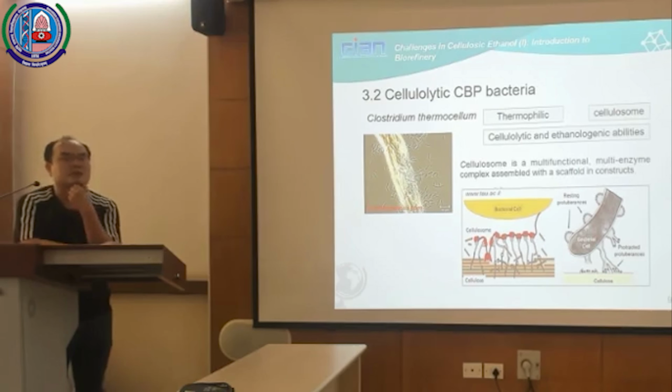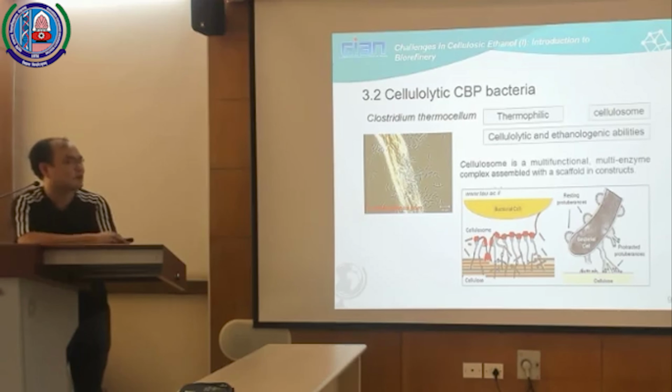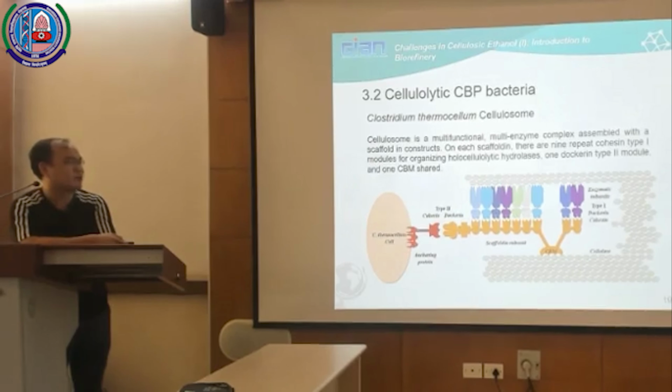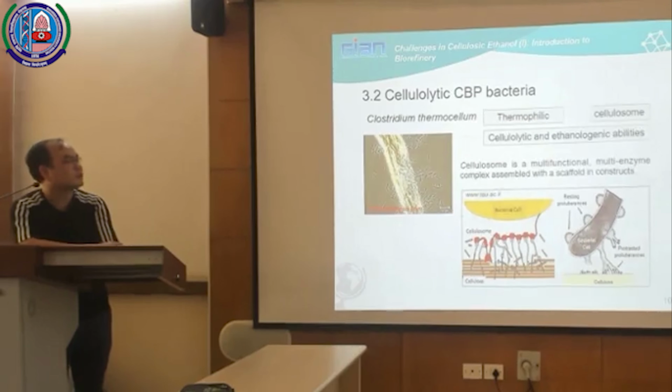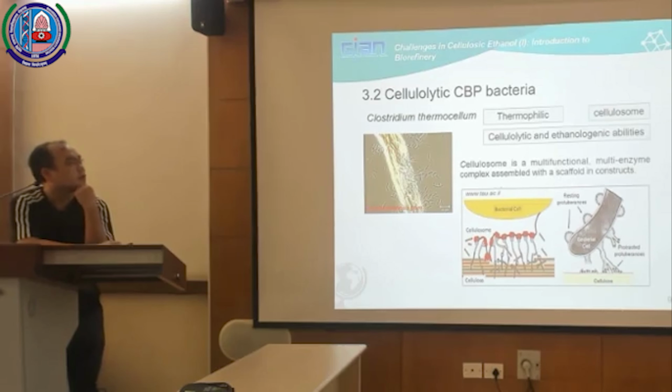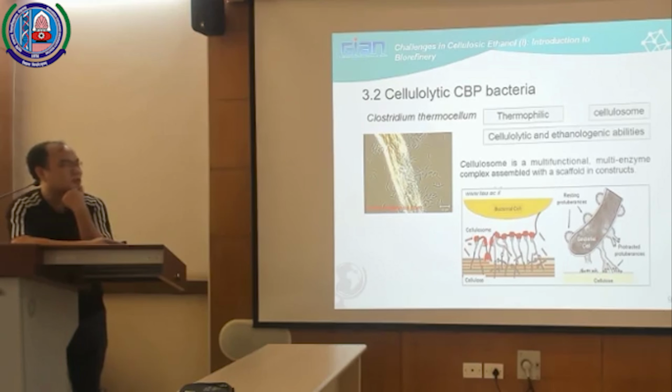It assembles a lot of different hydrolases on the surface using a scaffold like this. And this bacteria has both abilities of degradation of cellulose and the production of ethanol. It highly depends on the efficiency of the cellulosome.